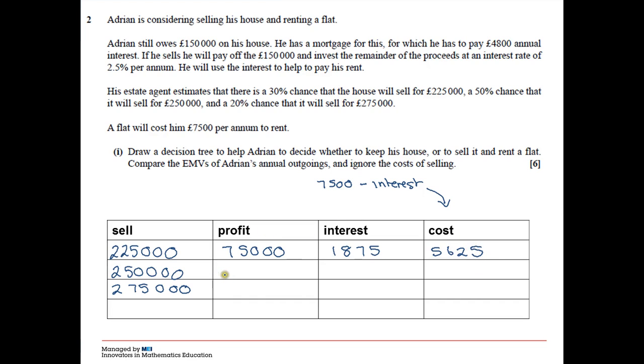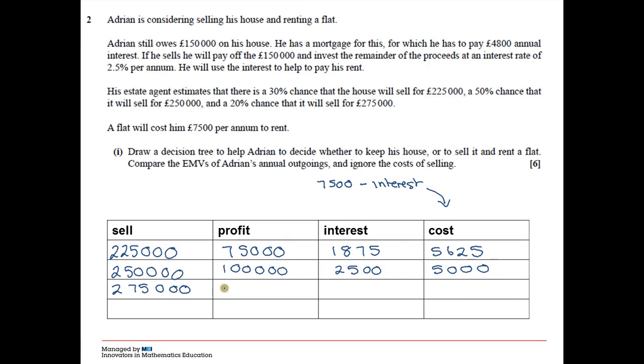If he was lucky enough to sell his house for £250,000, that would be a £100,000 profit after he paid off his mortgage, which would give an interest of £2,500, leaving him with £5,000 to find towards his rent.